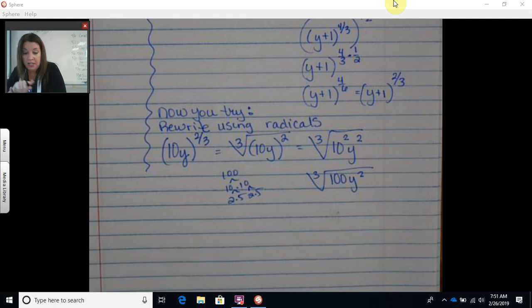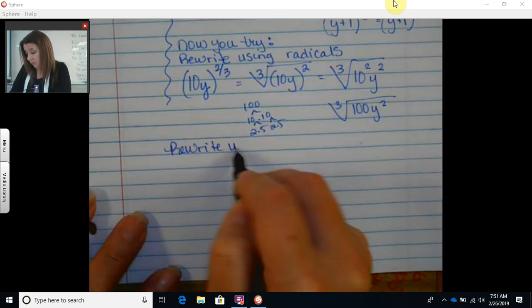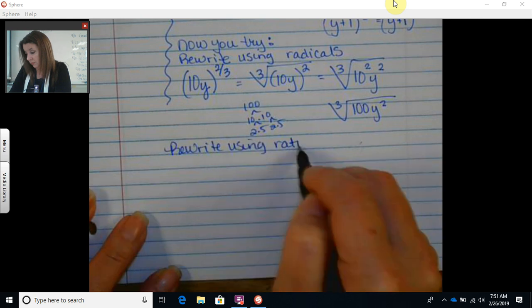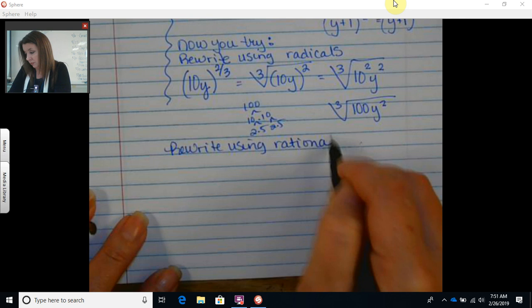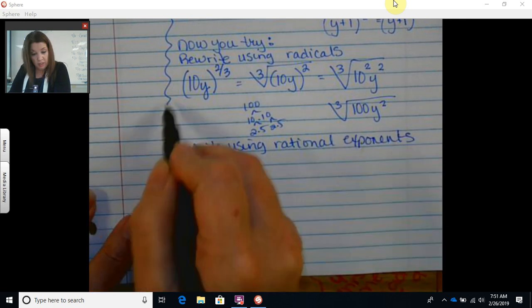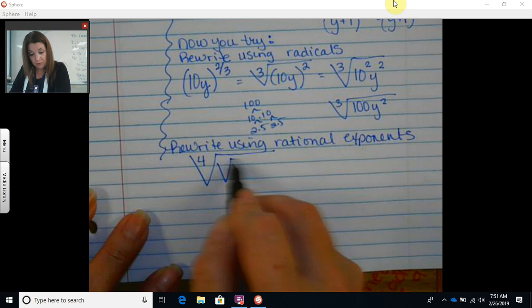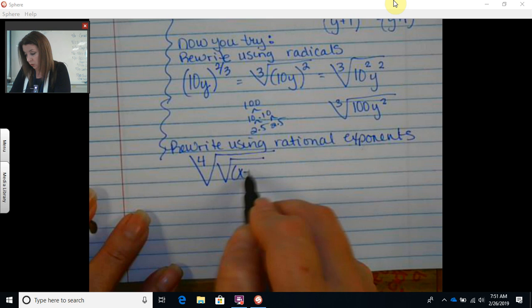So now I'm going to give you a radical, and I want you to just write it with a rational exponent. And the problem is the 4th root of the square root of x minus 1 quantity raised to the 5th power.